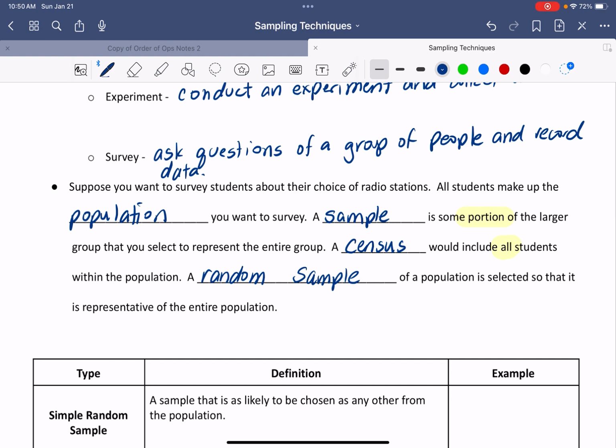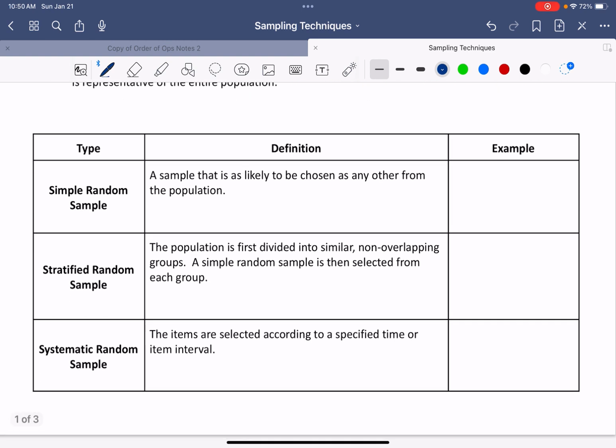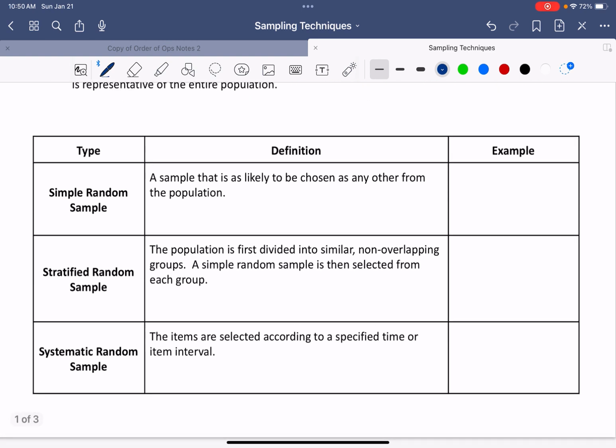All right, so let's move on here. Let's look at different types of random samples. Please note, I'm going to show you random sample, random. The things that are different about this are the words simple, stratified, and systematic, and I'll break these down for you.